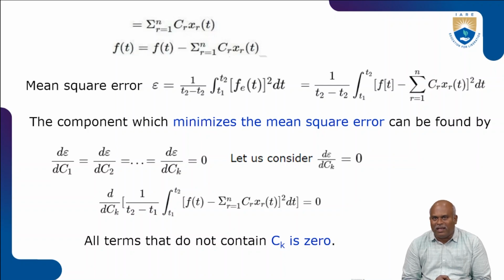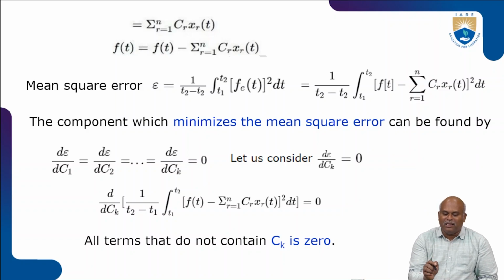The mean square error value is represented as the average of our error value. We studied this in the previous case of the orthogonality condition. The mean square error is equal to 1 by t2 minus t1, over the interval of our input signal t1 to t2, the integration from t1 to t2 of fe of t whole square dt.